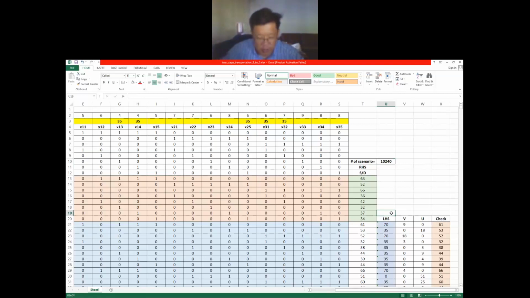Suppose we're going to compute the average value of U and V. For this one, we use the direct statistic, like the average of this one column, and then I move down to the very last.